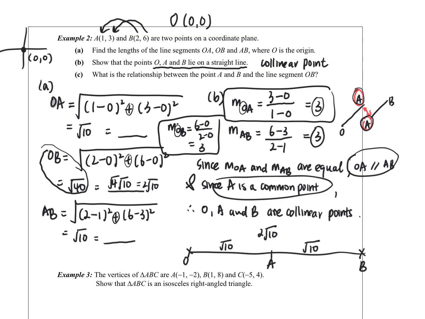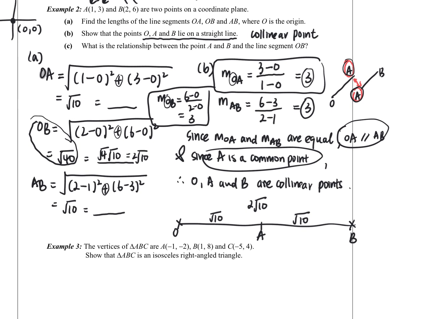So what can I say about the relationship between point A and point B on the line segment OB? Point A is located in the middle, so you can say A is the midpoint of OB. This is the relationship that they hope you see.